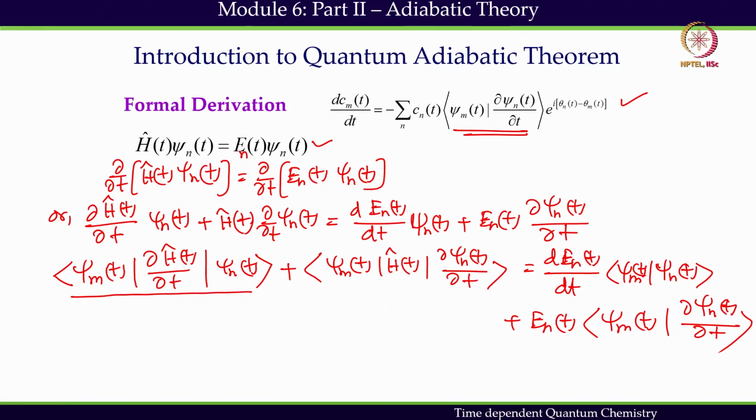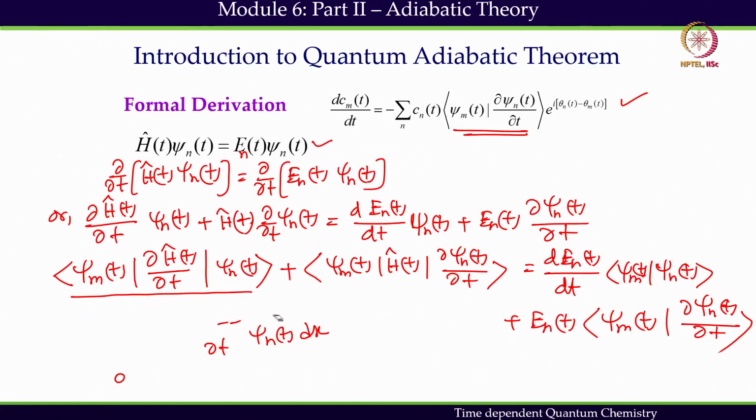Coordinate space means that this is nothing but 0 to some L, I will consider. This is the coordinate space. x is varying over the coordinate space, then psi m star(t), then H, then psi n(t) dx. That's the integration.